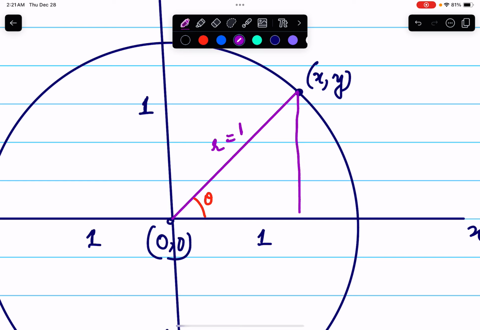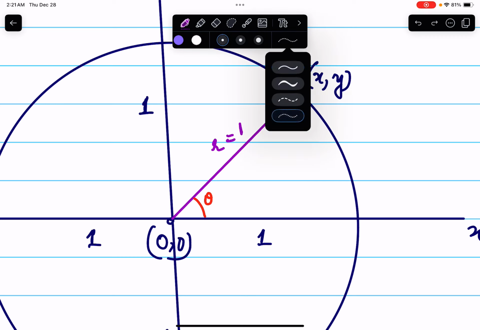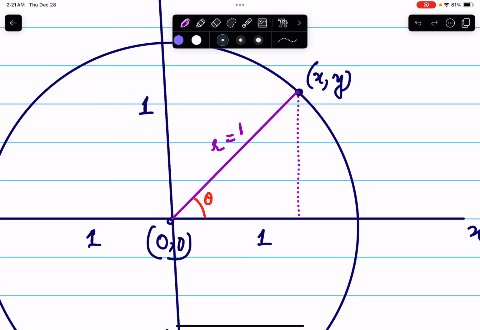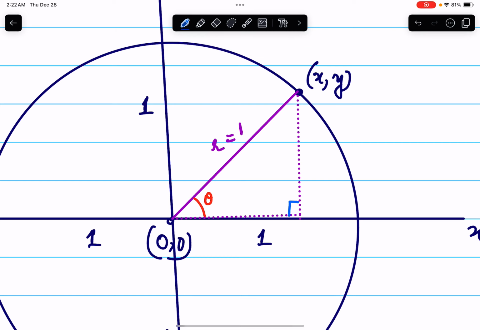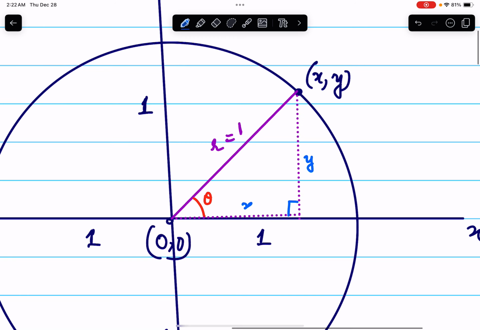Now, in this case, what we can do is draw a small triangle over here. So this is going to be our triangle, right? Now when you have drawn this triangle, we can clearly see that it's going to be a right angle triangle. So you can draw 90 degrees over here, and by definition you know that this side is y and this side is x, right?